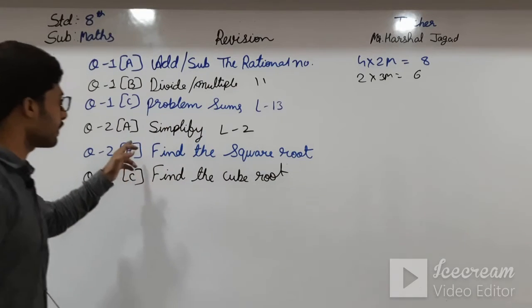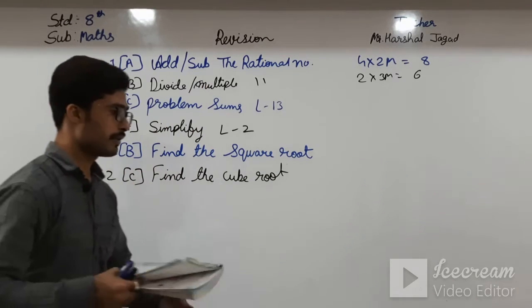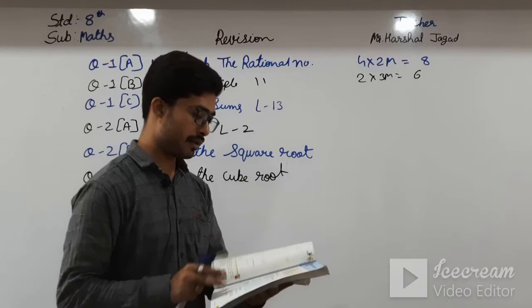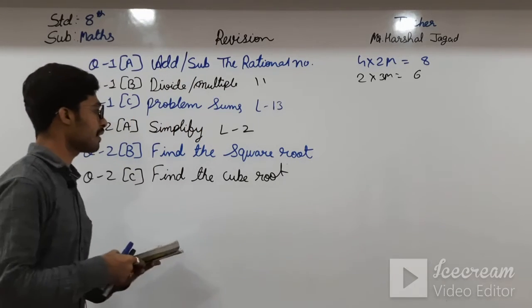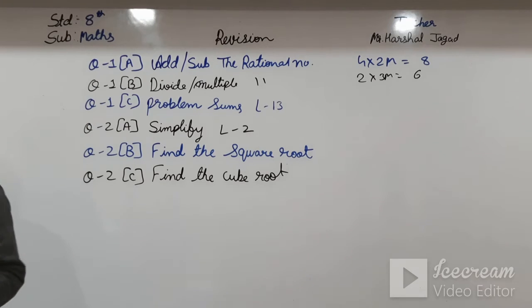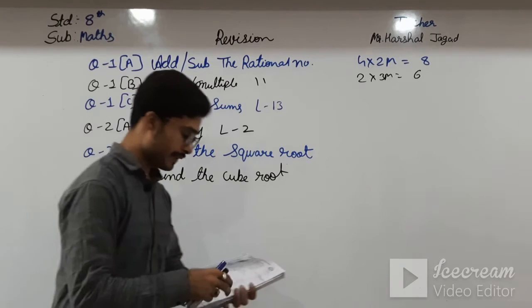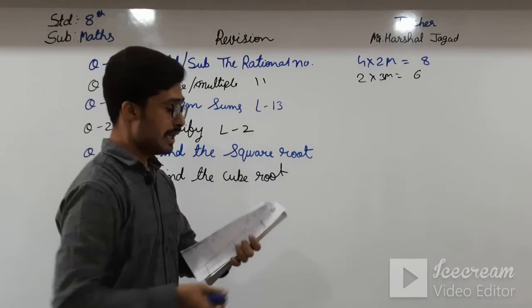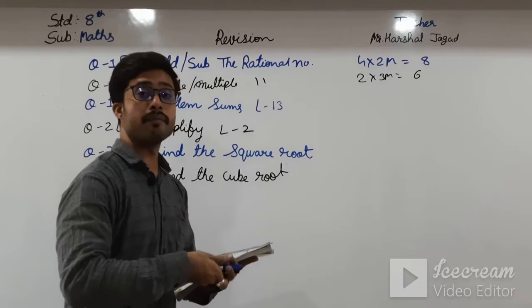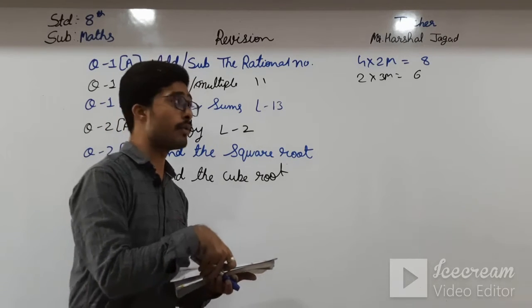Okay, moving further, find the square root, that is chapter number 3, square and square root. Here in the maths syllabus, the chapter number 3 is not written, so please write it down there.